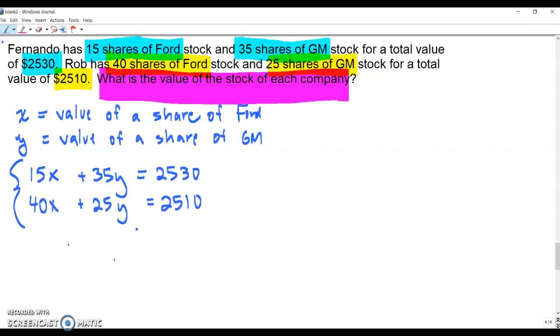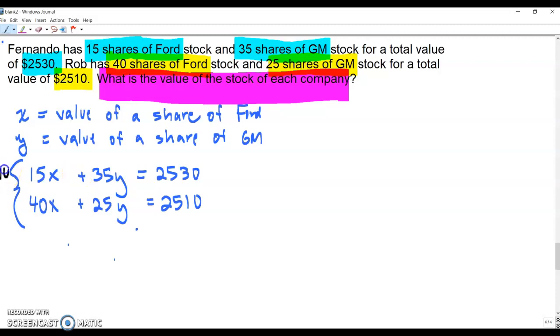All right, so I'm going to attack this by trying to eliminate the Y's. Because I look at 35Y and 25Y, and I see 350 as a common multiple. I don't even know if that's the least common multiple, but I think that will work for me.